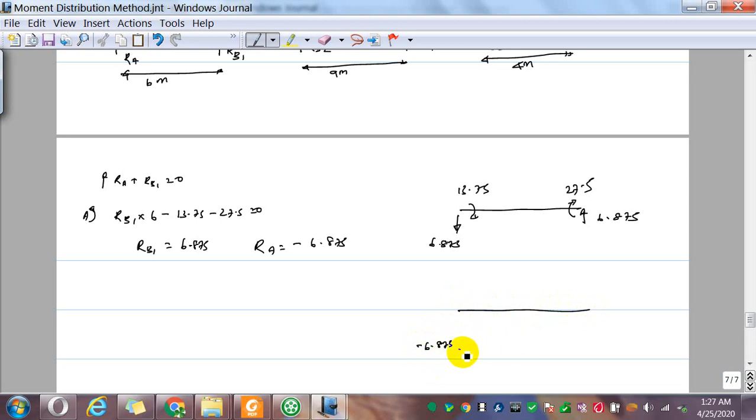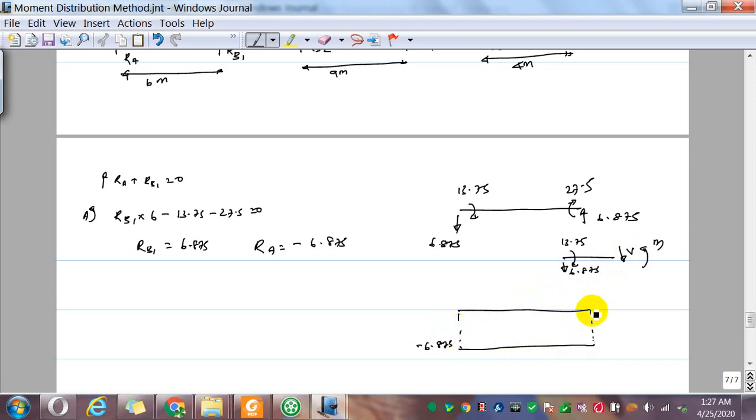And if you take an arbitrary section, you have 6.875, and then you have a moment that is 13.75, and your V and your M. So 6.875 plus V is 0, so V is minus 6.875, and this is applicable between A to B, so it's a constant shear.